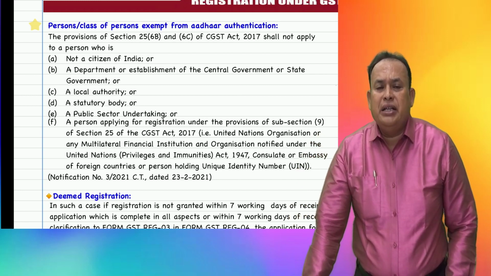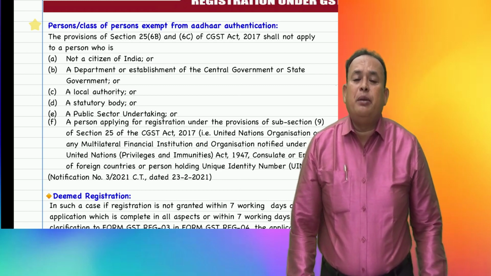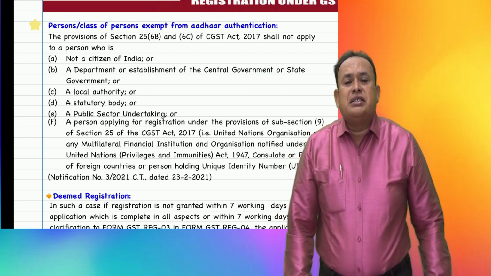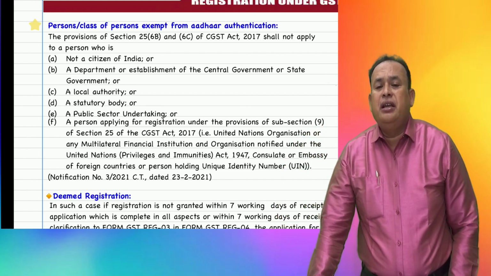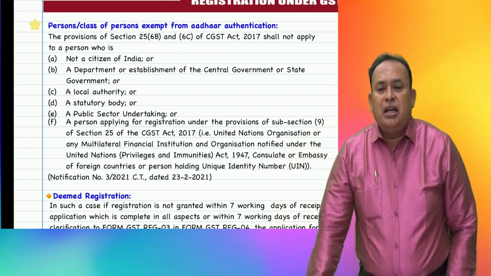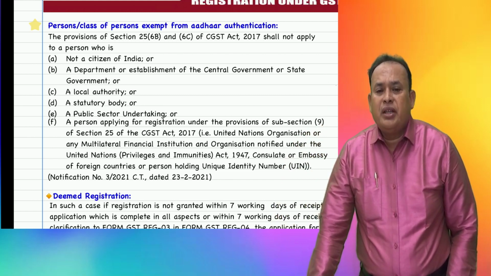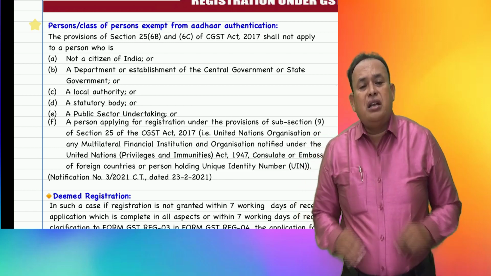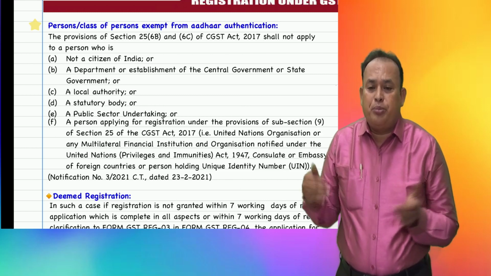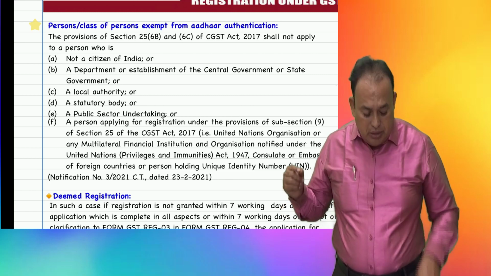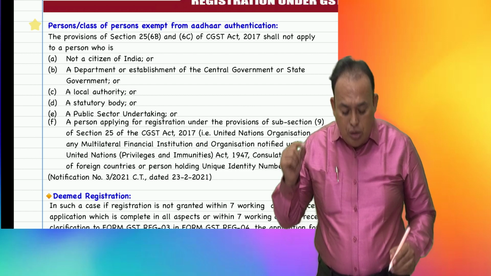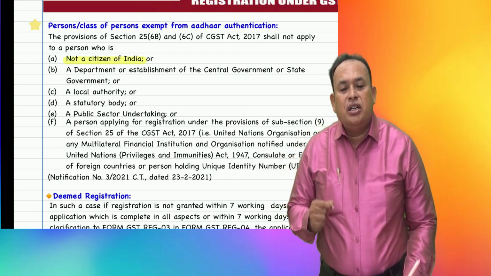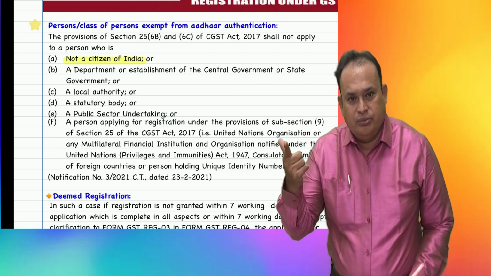Section 25, subsection 6B of the CGST Act, read with section 25, subsection 6C, says that Aadhaar authentication shall not apply to the following persons, one by one. First, a person who is not a citizen of India, that is, a non-resident.